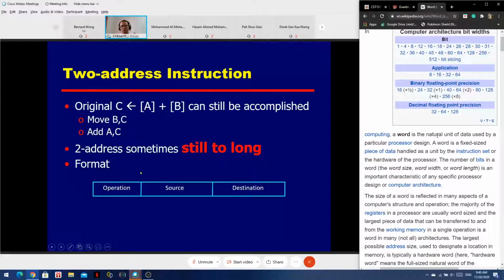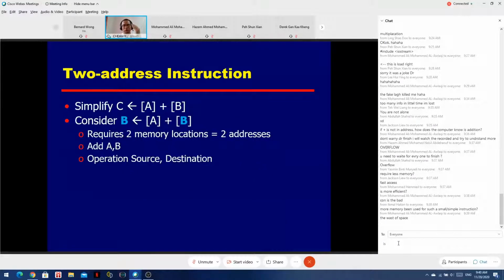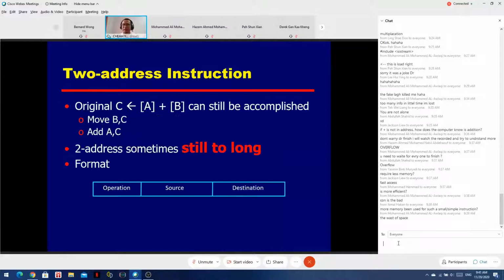So the format, look at the bottom there: you have operation, source, and destination. Why? Because the destination is recycled. To effect A plus B equals B, you recycle the destination address.